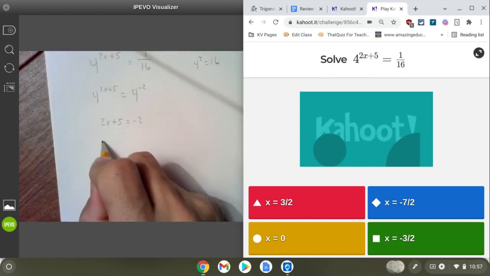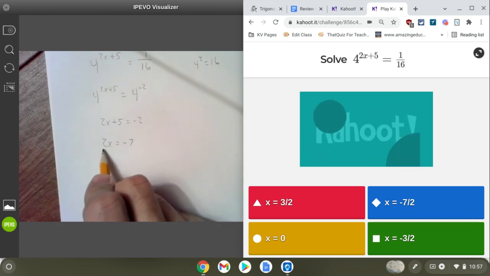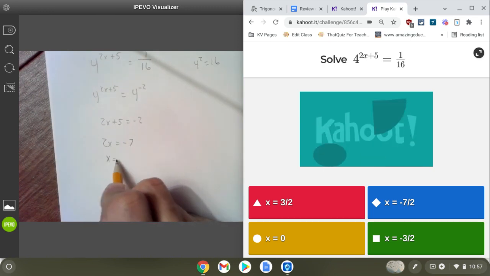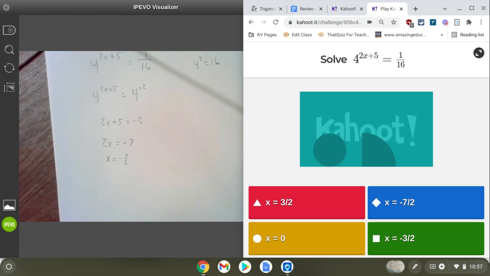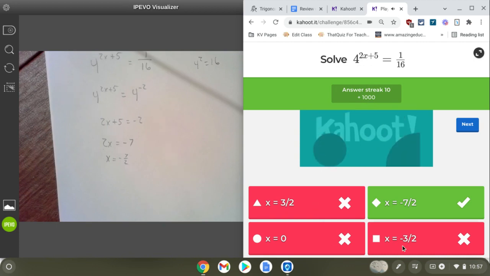Subtract 5 from both sides, you'll get 2x equals negative 7, and then divide by 2. X equals negative 7 over 2, or negative 3.5. Of course, you could just plug in these answer options for x, and see which one gives you 1/16 if you had to.